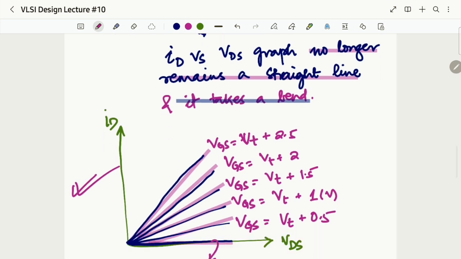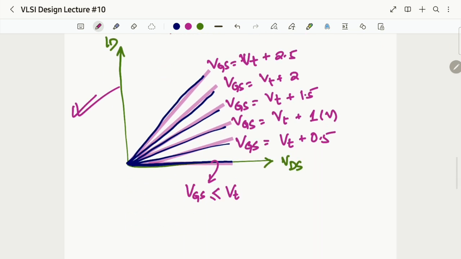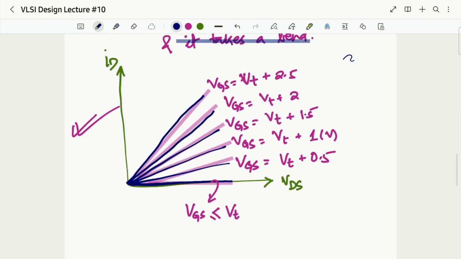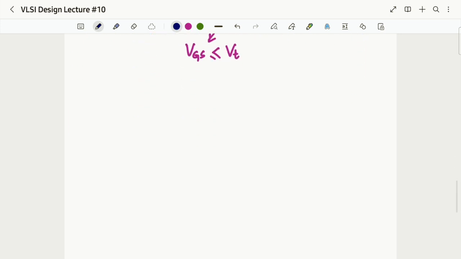Now let's see what kind of bend we will see in this. Let's see this graph. Here I am taking multiple values of VGS minus VT in the previous graph, but in the graph we are going to see now, I am taking one value.